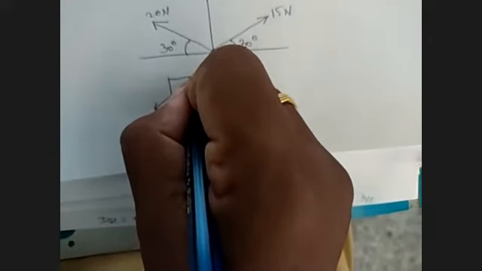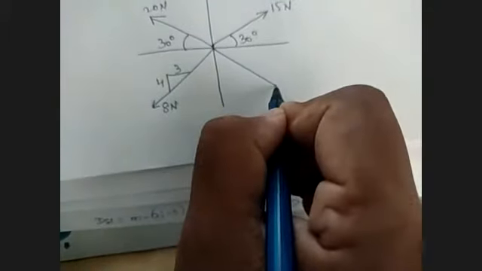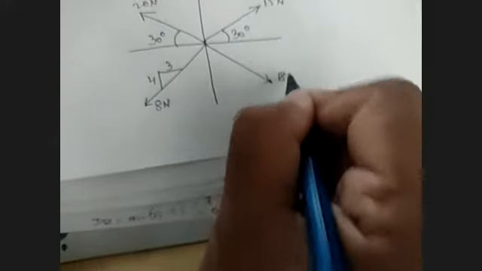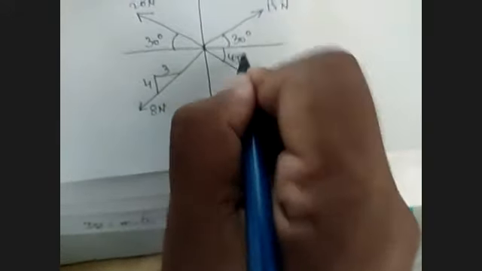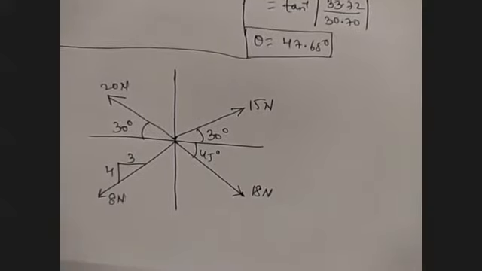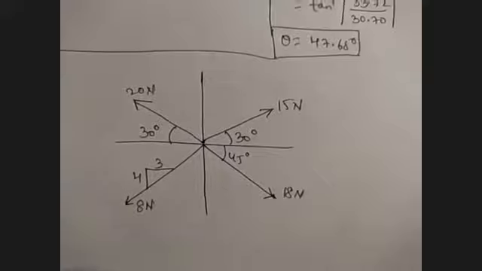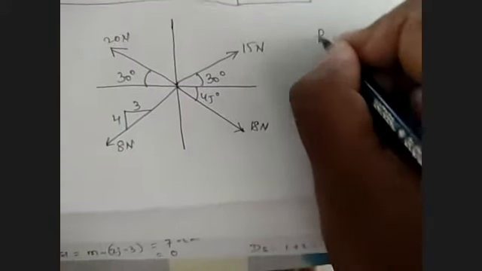I'll let you know how to make use of slope. It is 3 horizontal, 4 vertical. And in the fourth quadrant, it is 18 Newton making an angle 45 degree. Okay, this is the problem for which you are supposed to calculate capital R and the value of theta.